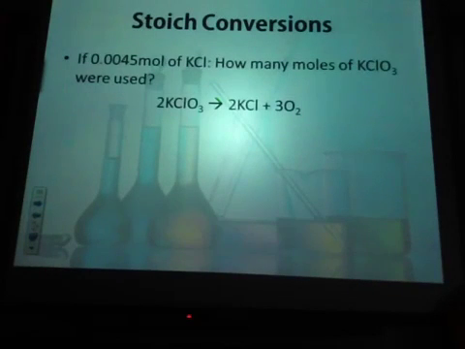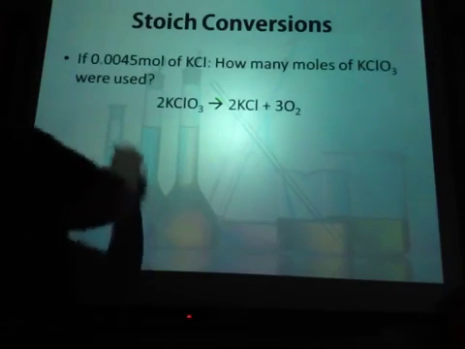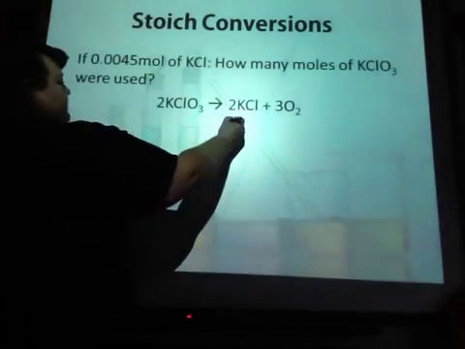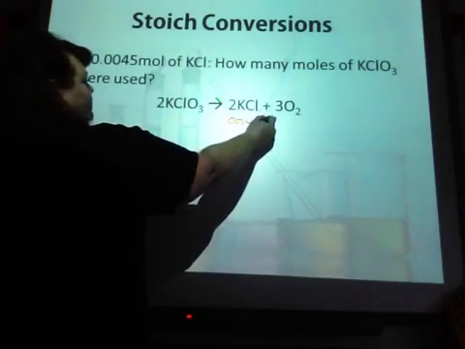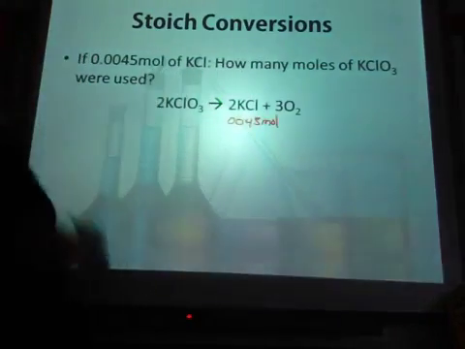So if I have 0.0045 moles of KCl, how many moles of KClO3 were used? Okay, so same reaction. So I'm going to list what I'm given. I'm given 0.0045 moles of KCl.